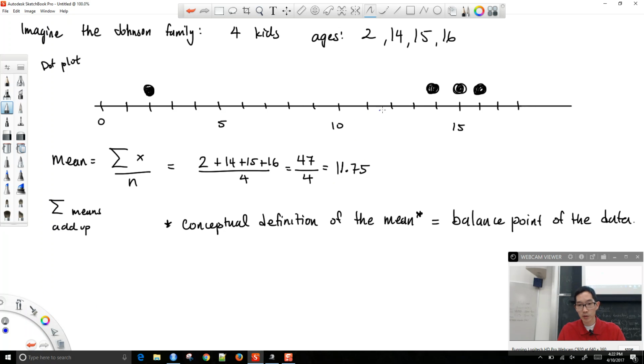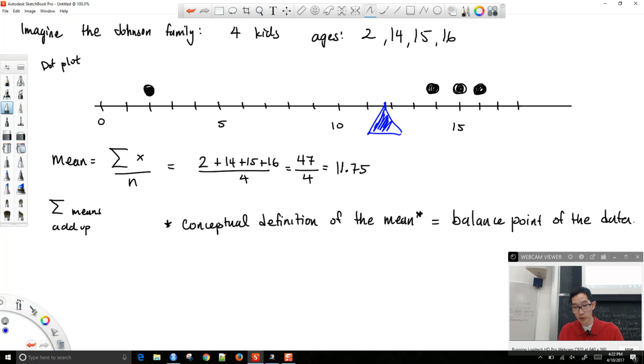Imagine this being a seesaw, and I've got these weights at 2, 14, 15, and 16. If I want it to be balanced, I put my fulcrum right here.